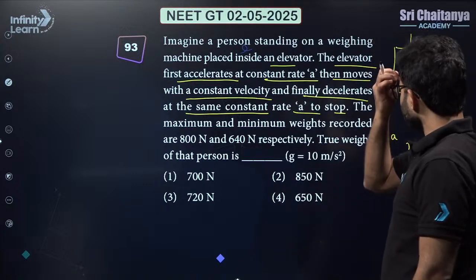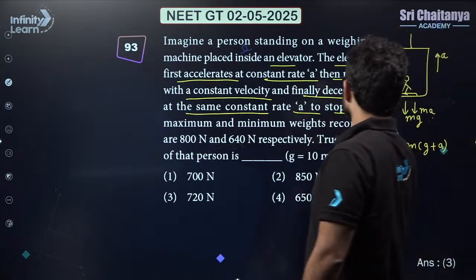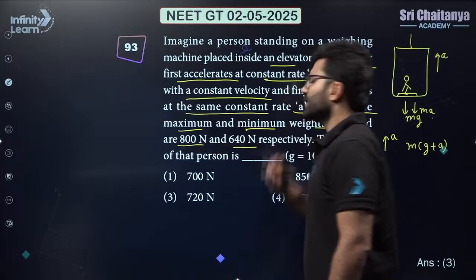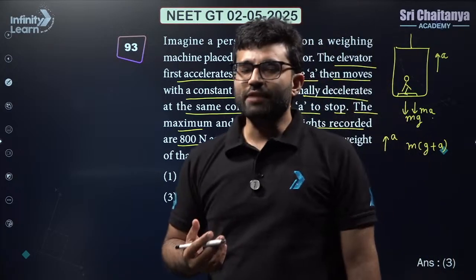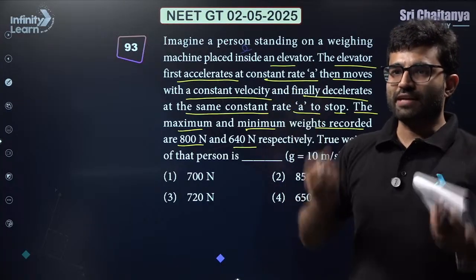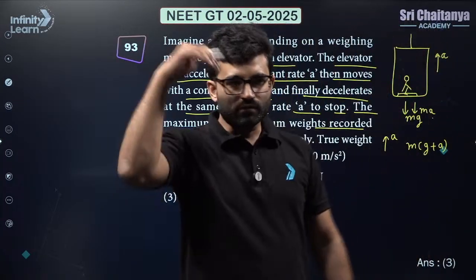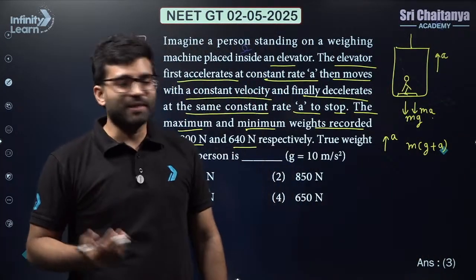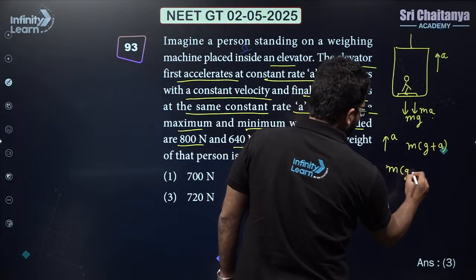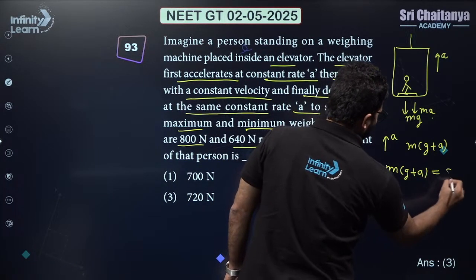Now they are saying that the maximum and minimum weights recorded are 800 and 640 Newton, right? So you tell me, when will the maximum weight come? When the elevator is moving upwards with an acceleration of a, right? So the total weight would be m times of g plus a. They have given you the value of m of g plus a. So m of g plus a is nothing but 800, right?